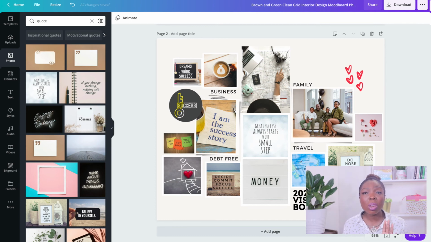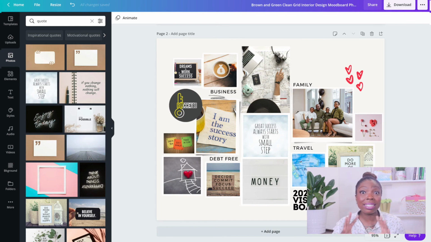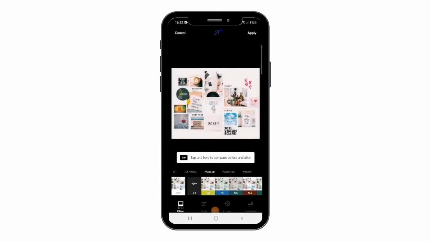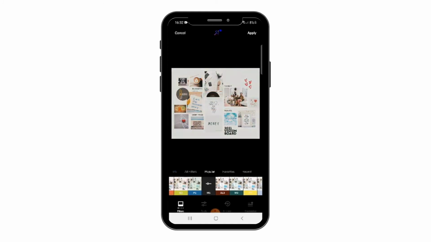Once I have all of my images in place and I am happy, the next thing I do is download this image and upload it to my phone onto an app called VSCO. Inside of this app, I use some filters to make my images pop.